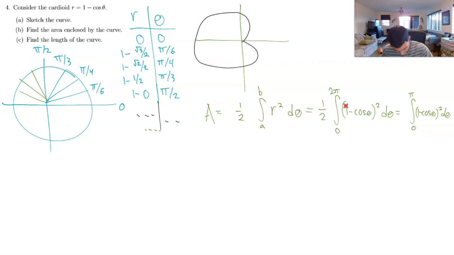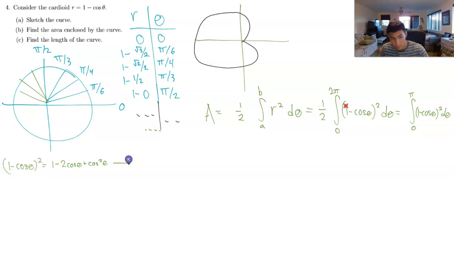Okay, so 1 minus cosine theta. I think it's easiest if we factor instead of trying to do some sort of tricks. So 1 minus cosine theta squared is equal to 1 minus cosine theta, plus another negative cosine theta, so minus 2 cosine theta, and then the two negative cosine thetas times each other, so plus cosine squared theta.